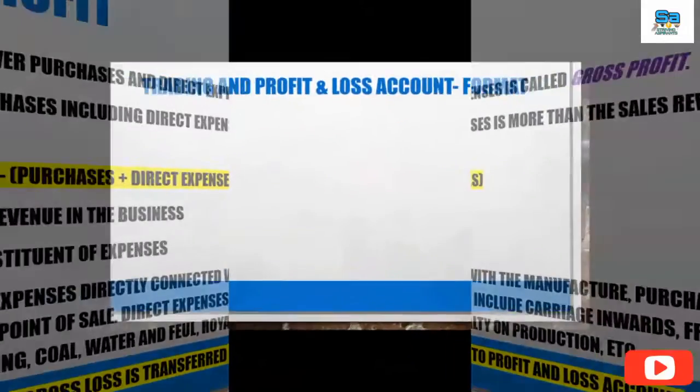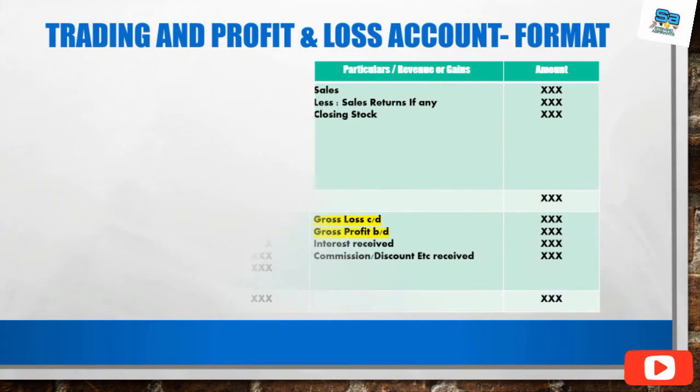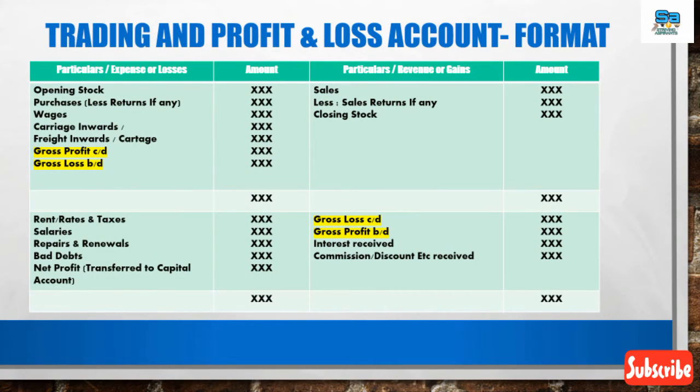Let us look into the trading and profit and loss account format given here. In the first part, this is the trading account. On the left side or the debit side, we can see opening stock, purchases and all the direct expense. Similarly, on the credit side or the right side, we can see sales, then less whatever sales returns in the business, then closing stock.